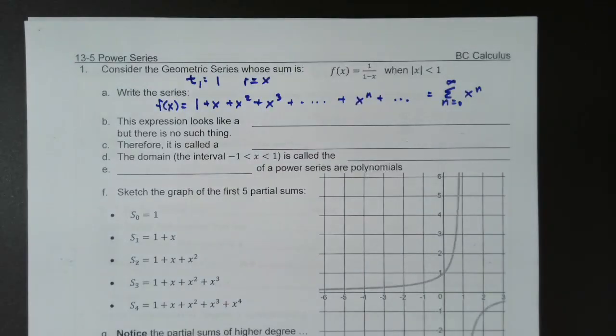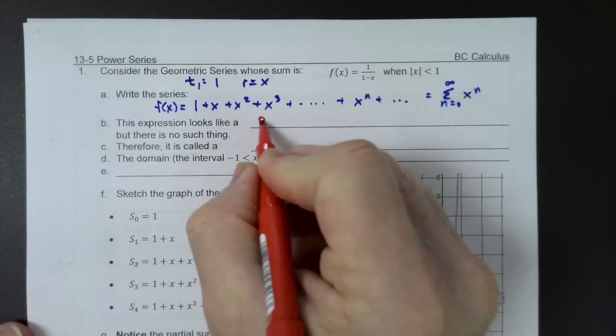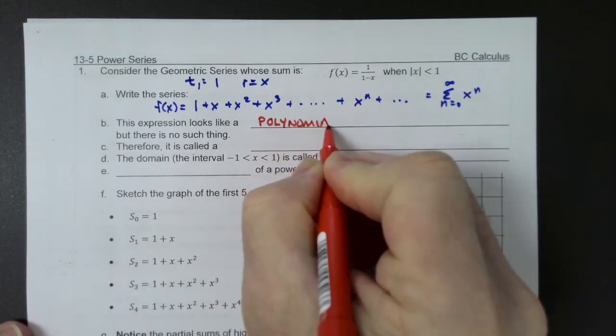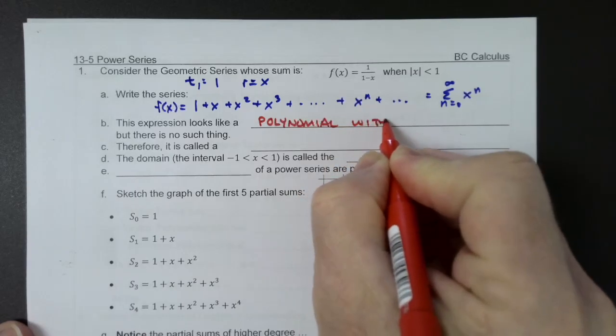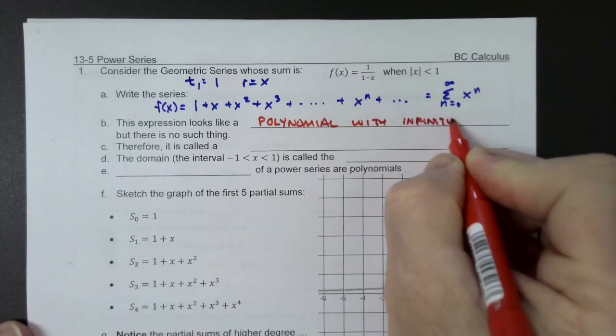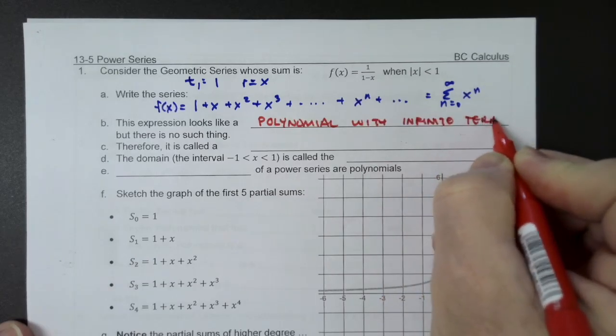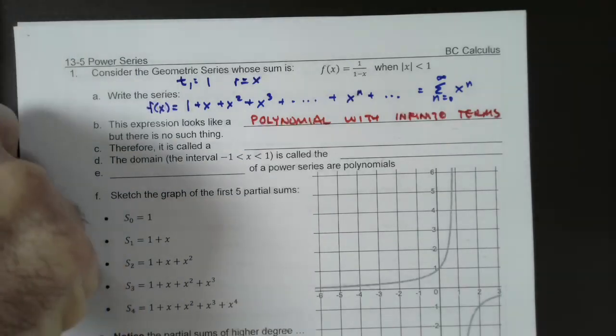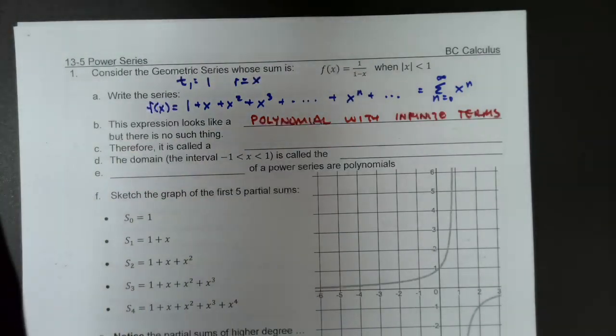Now, if you look at this expression, it looks like a polynomial with infinite terms. But there really is no such thing. A polynomial has to stop.